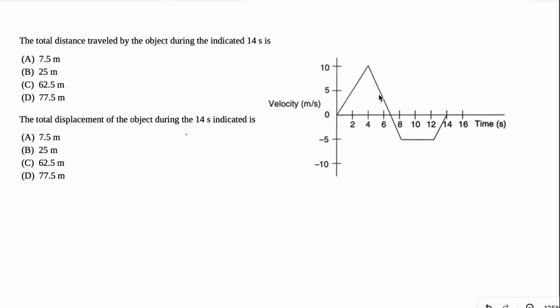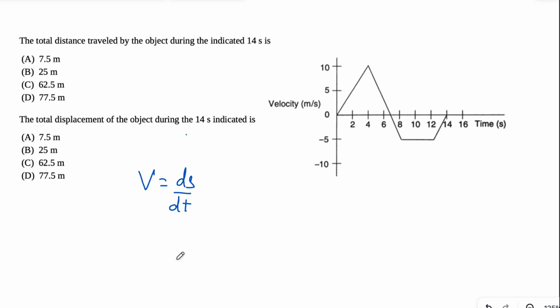Now, the velocity time curve. We already know that velocity is basically ds over dt, the rate of change of displacement. If you want to derive velocity from the displacement time graph, you will calculate the slope of the displacement time graph, because velocity is the slope of the displacement time graph.